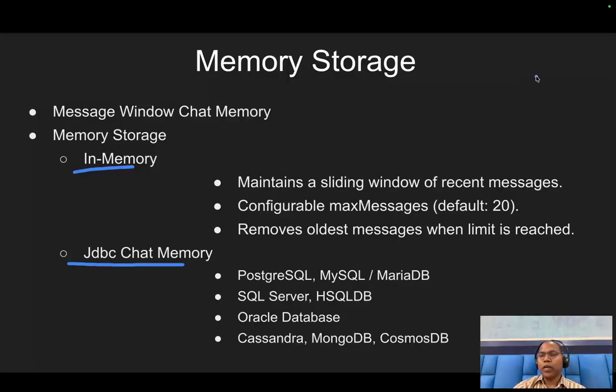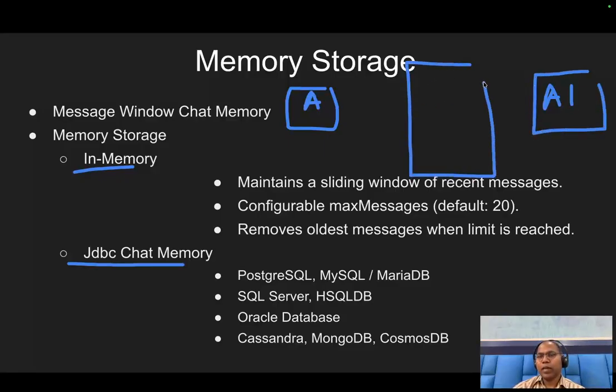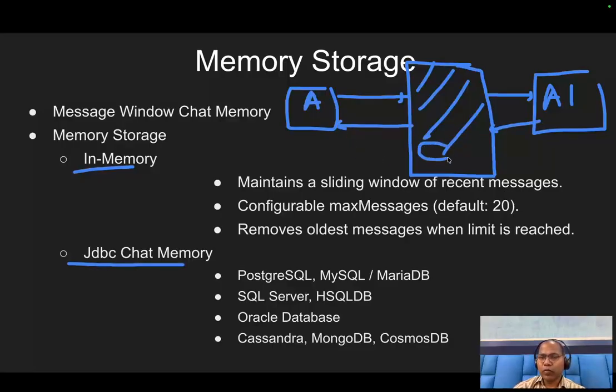So we have the option. Whenever you talk about your application, your AI model, and your Spring AI abstraction layer, you talk here, it talks here, it responds here, and it responds here. So somehow we require memory to store your chat conversation.